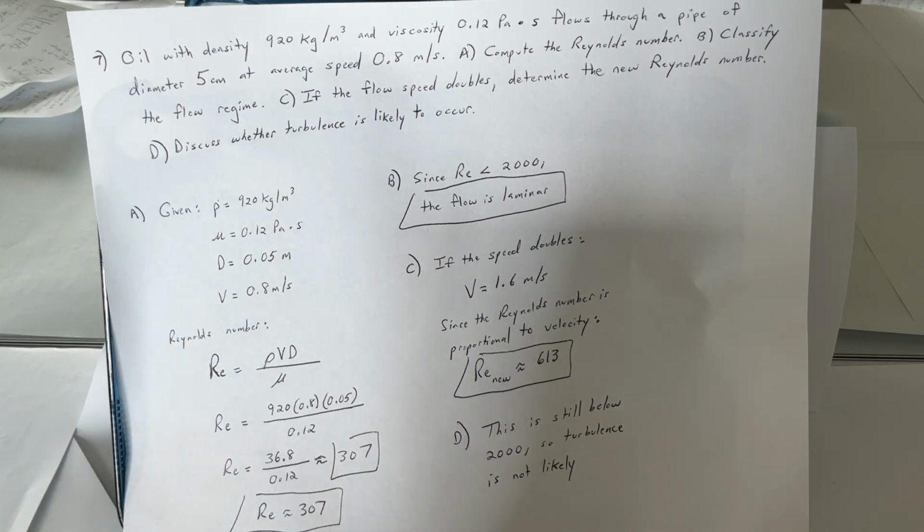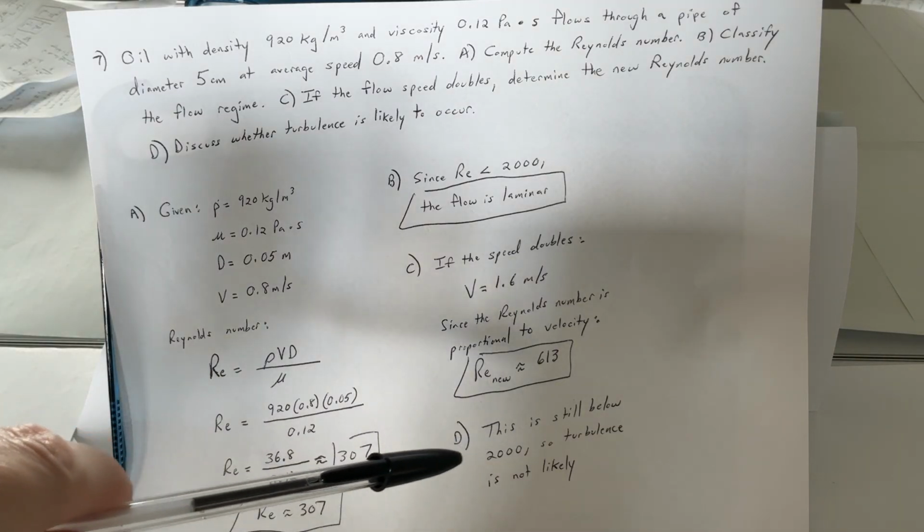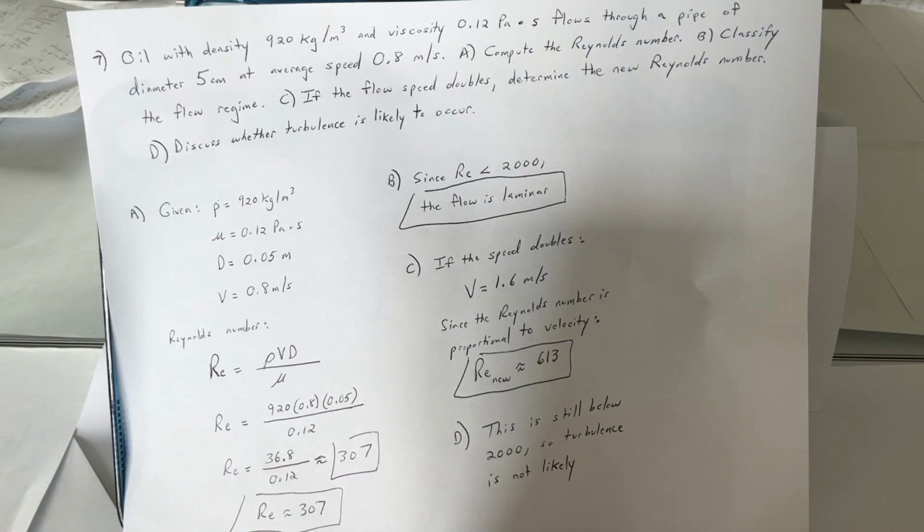So that's less than 2,000. And for part D, discuss whether turbulence is likely to occur. This is still below 2,000, so turbulence is not likely. So that takes care of number 7, and we can move along now to number 8.